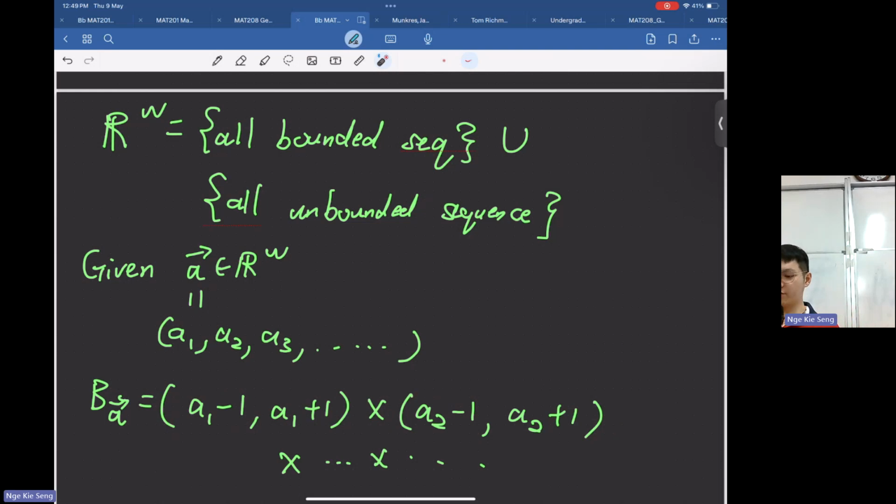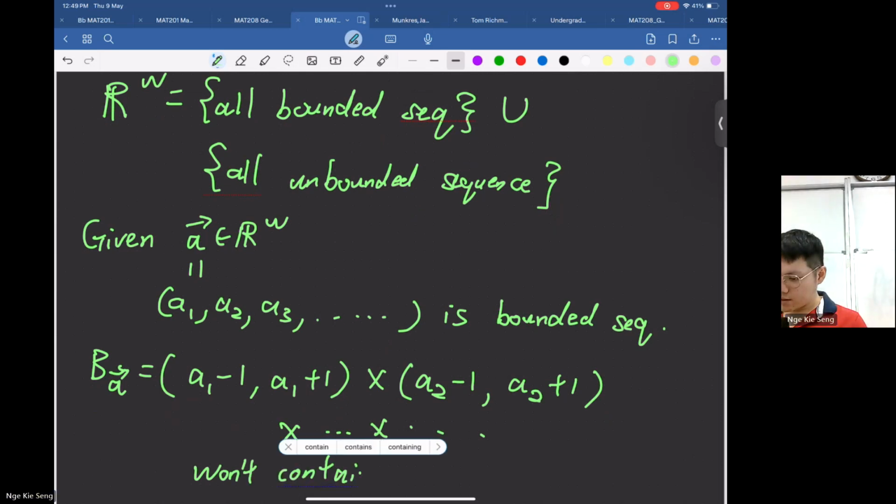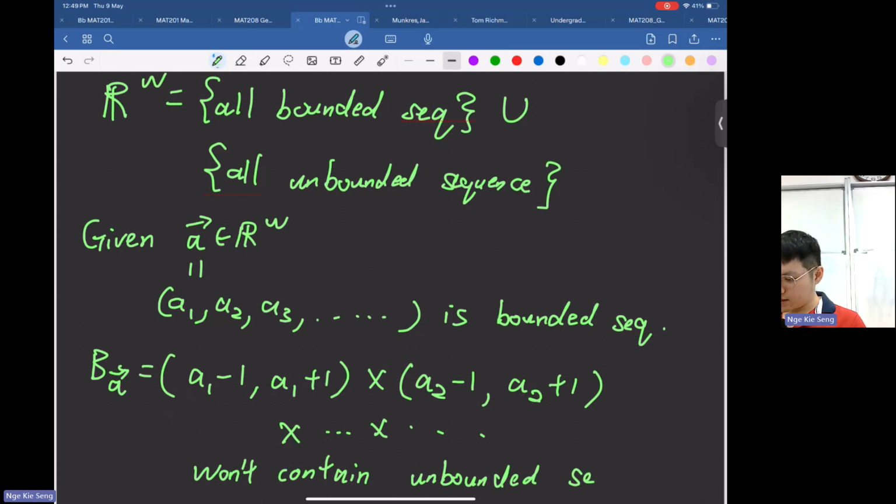Okay, what I mean is, if this is a bounded sequence, then this ball won't contain an unbounded sequence, so that it lies completely inside one category.